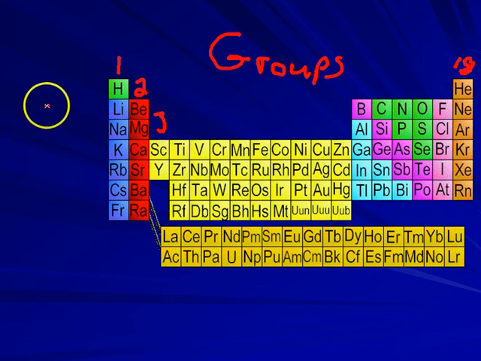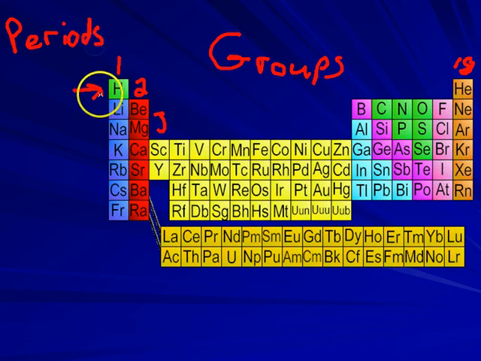Now, on the sides, these were actually called periods. And one of the ways I always remember that they're called periods and not groups is because they're horizontal. What do you find at the end of a horizontal sentence? You find a period. Now, this is the first period, this is the second period, this is the third period.